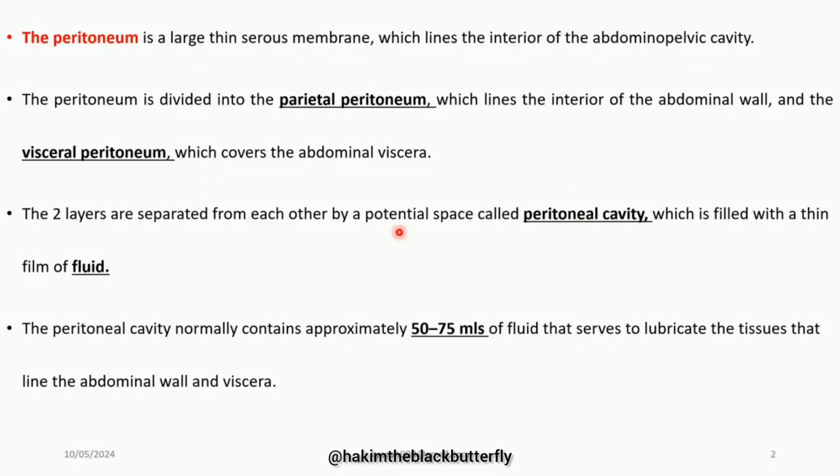They are called potential spaces because they are spaces between two layers that are adjacent to each other, creating just a small gap, a gap that can easily widen in case there are pathological fluids.